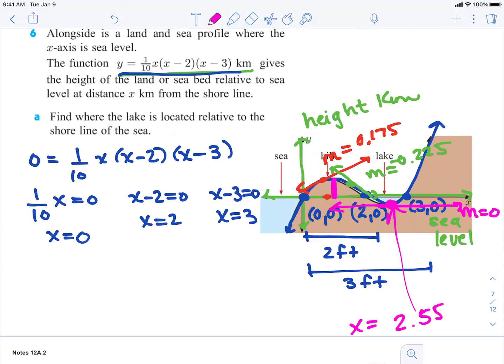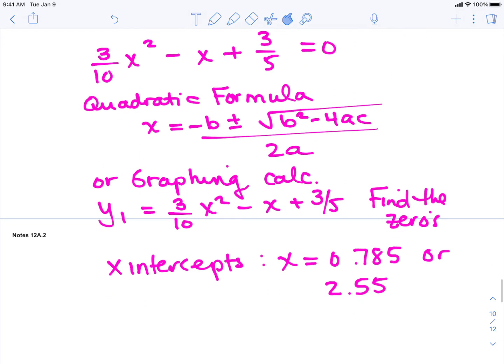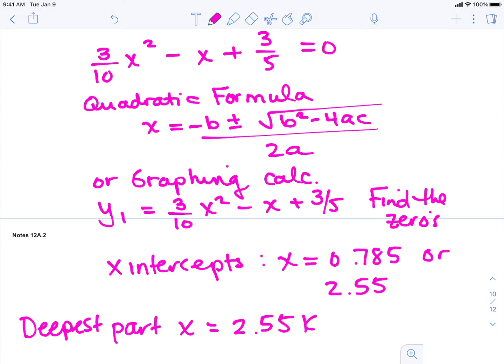Now we need to find what that depth is. What is that y? So let's go back down. The deepest part of the lake is when x equals 2.55 kilometers away from the sea.